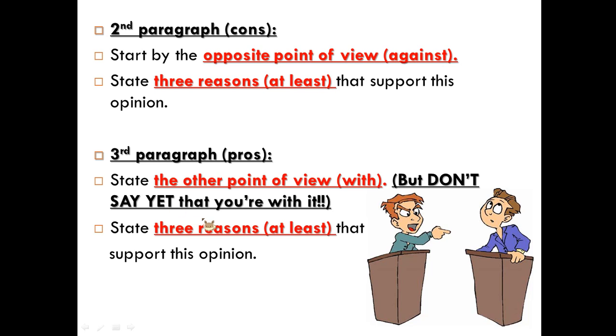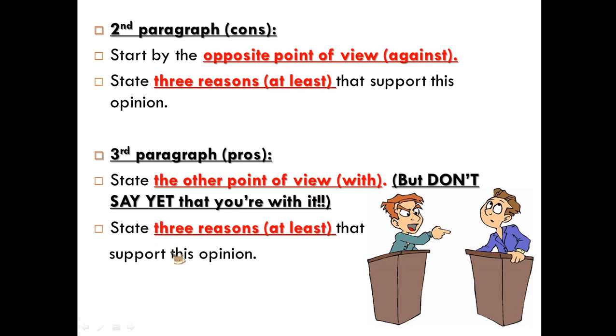I am just giving my reader the 2 opposite points of view, the point of view of the against, the cons, the bad things, and the other point of view, the with, the pros, the good things. But I do not say at all right now which side I'm with.